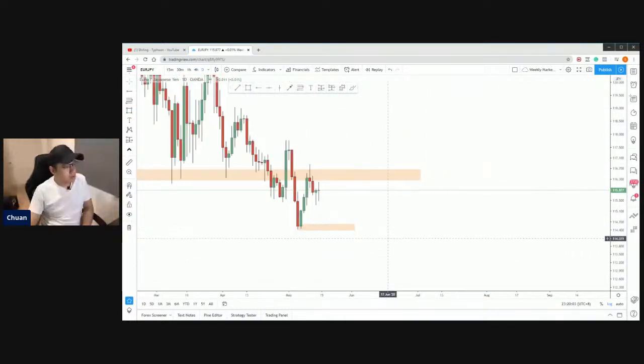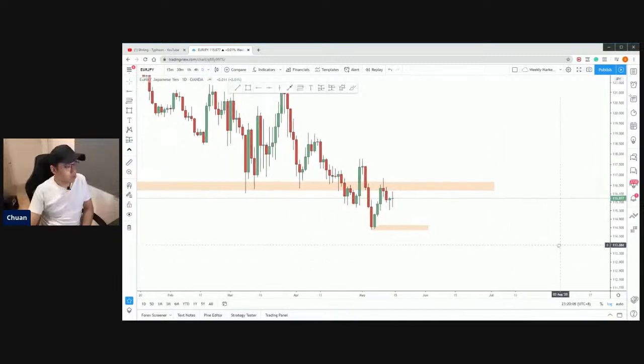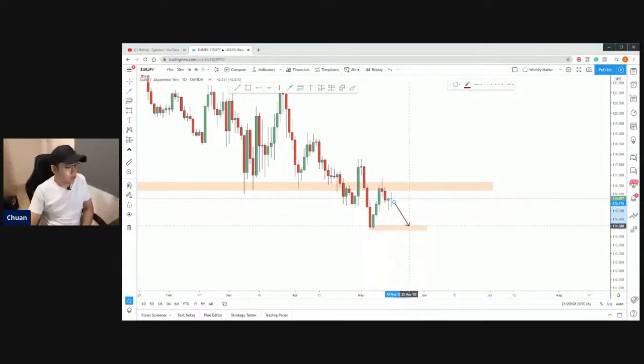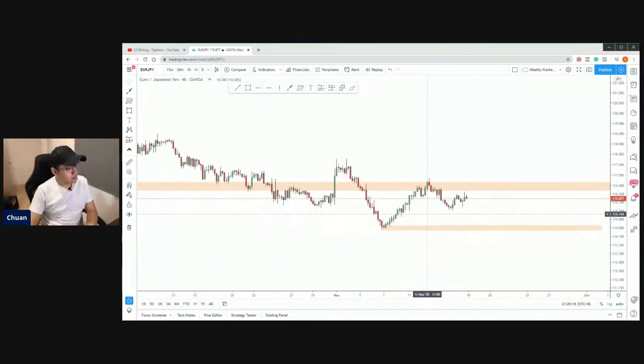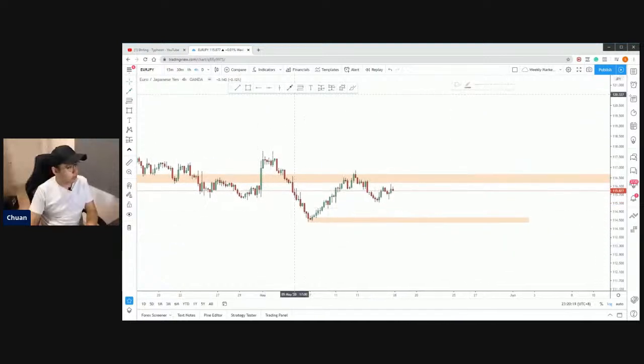Okay, so if the market is going to turn into a buy trend, the market also needs to retest the low, and only then will the market be going up. So for this pair, I will be looking for a sell trade this week on this H4 chart, with my target on this level, 114.55. Okay, so let's see how the market goes.